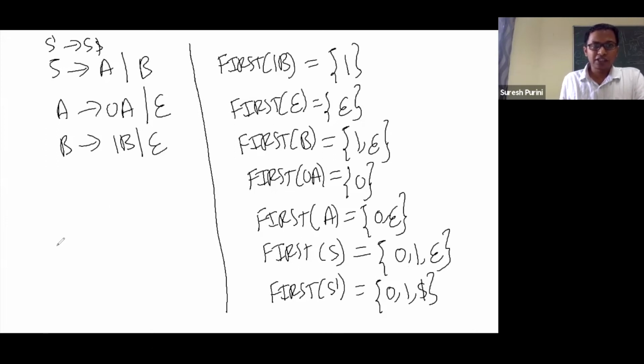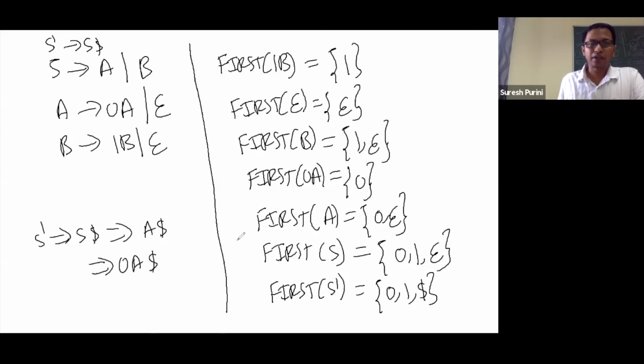From S prime, you can generate S dollar, from S you get A dollar, and from A you can get 0A dollar. Using this, we can conclude that 0 is present in first of S prime. We can make a similar argument and say that 1 is also present in first of S prime.